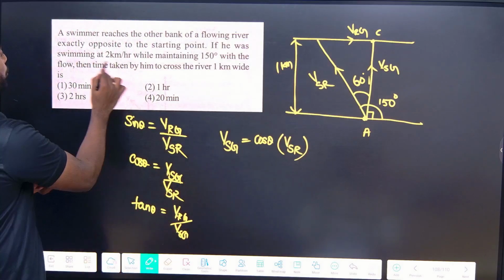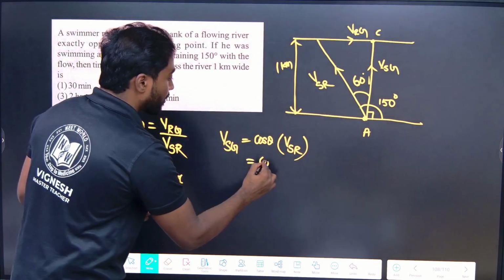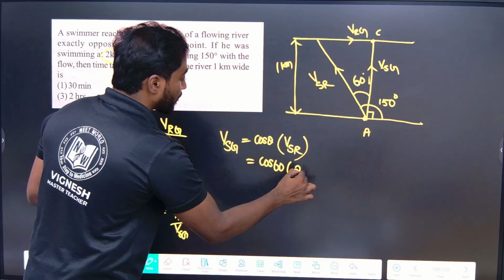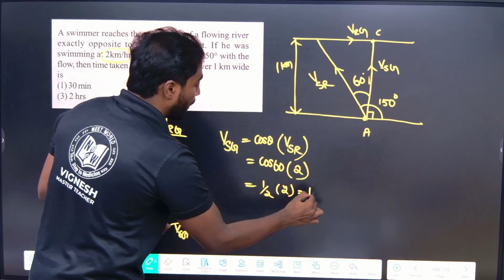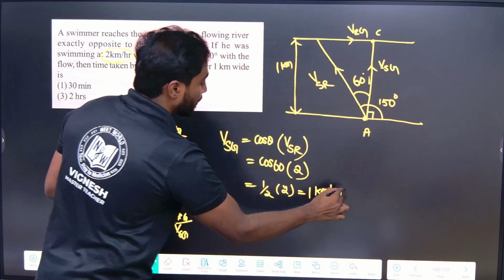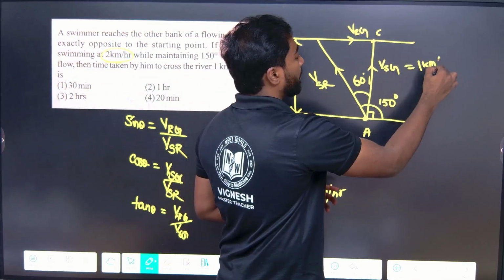They have given 2 km per hour. So cos 60 is 1 by 2, and this is 2. So 1 by 2 into 2 is nothing but 1 km per hour.